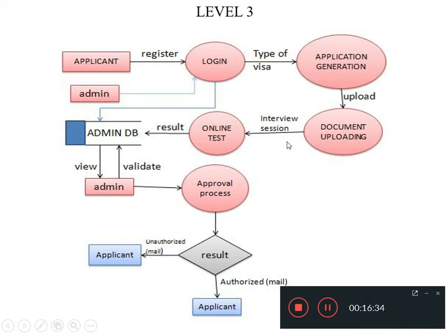Then they are redirected to the interview session. That session's results are also stored in the database. Admin needs to log in to get into the application. Admin views these stored data. Then the approval process will be started. These are as I said earlier.